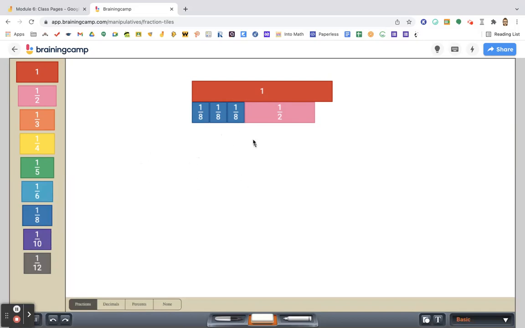So what can we put under the 1/8 and the 1/2? Well, for the 1/2, we have to be able to use half of something. So that's going to have to be an even number. So we could put like 2 1/4 here. But we can't fit more than 1/4 under there, so that doesn't work. 1/6 we could put under the 1/2, but again, it doesn't work under the 3/8.